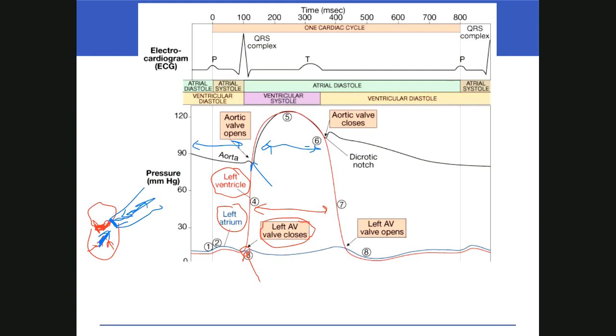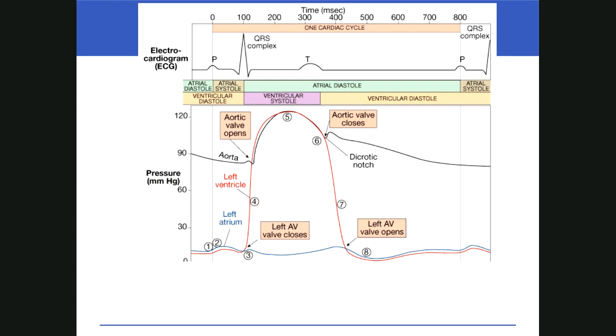But as soon as I get right here, it switches back again. So the blood that's in the aorta rushes back and closes this valve. And that's what happens right there. And then look, the pressure continues to fall.